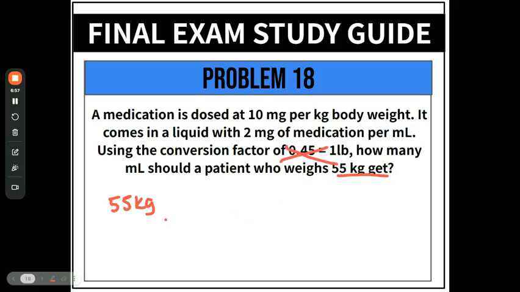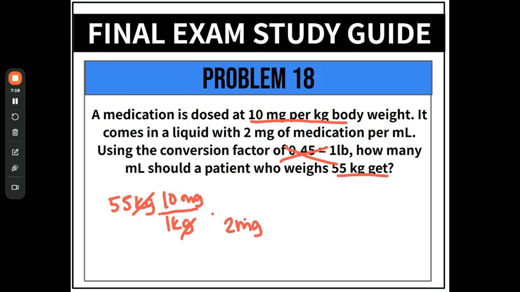So for every kilogram of body weight, I'm looking at this dosage of medication here. For every kilogram of body weight, there's 10 milligrams of medication. So we get the top and the bottom units to cancel. And then it has a liquid with 2 milligrams for every milliliter.